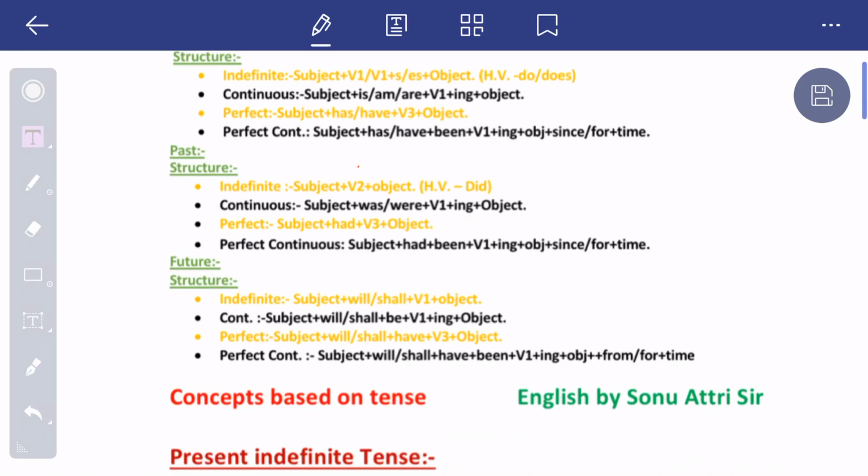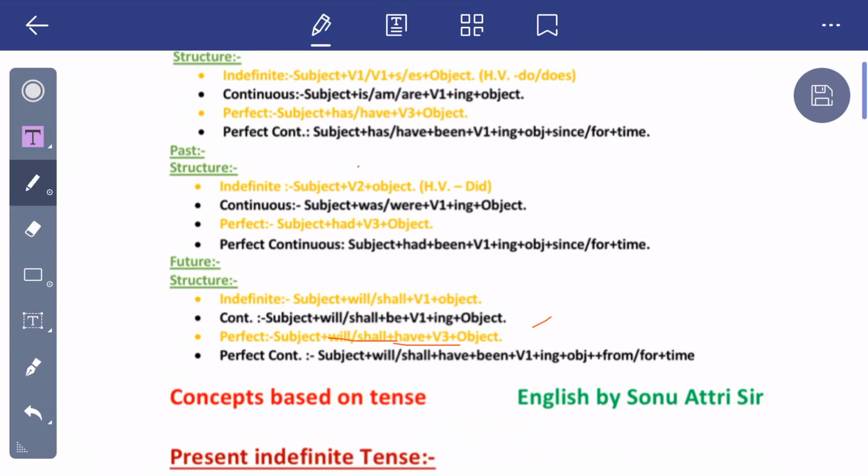Yes, what makes you trouble is future perfect tense and future perfect continuous tense. In future perfect tense we are using will, shall and have plus third form.